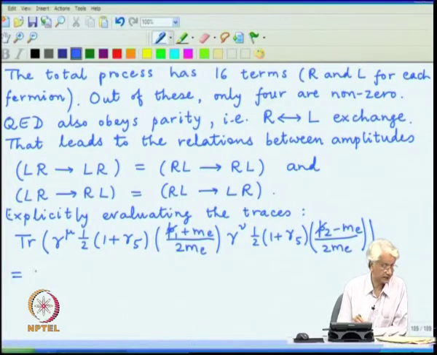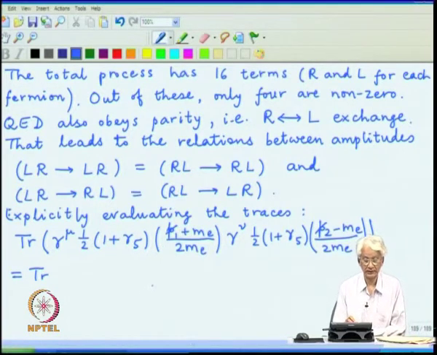And now this can be simplified by noting the fact that every time 1 plus gamma 5 goes through a gamma alpha, the 1 plus gamma 5 sign changes to 1 minus gamma 5, and if 1 minus gamma 5 and 1 plus gamma 5 come next to each other, they just annihilate themselves.